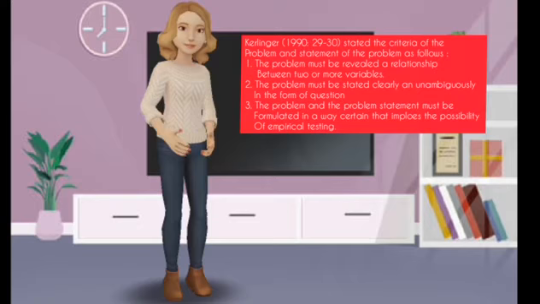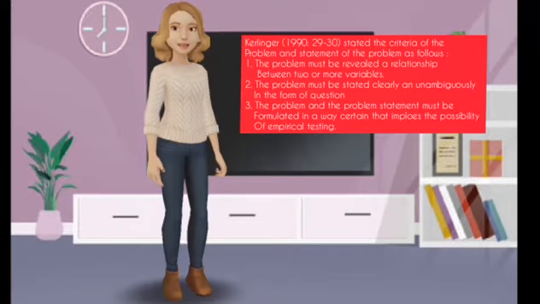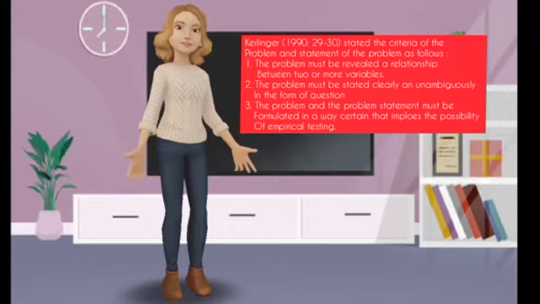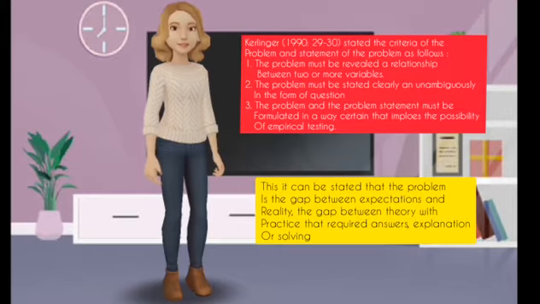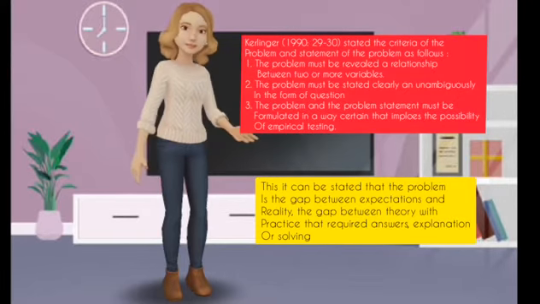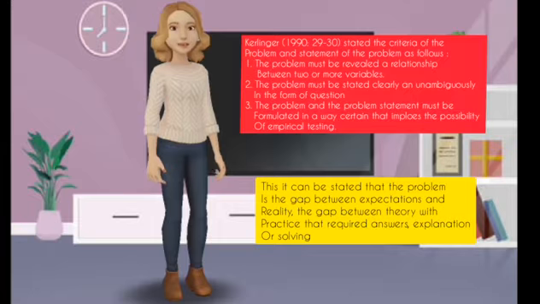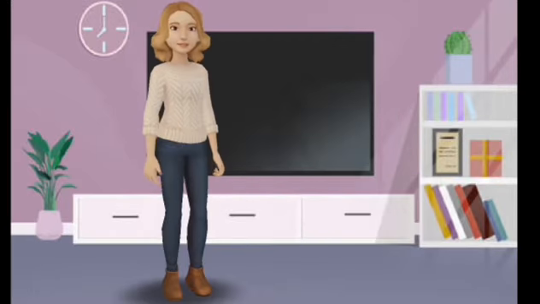The problem and the problem statement must be formulated in a way that implies the possibility of empirical testing. So, bisa kita simpulkan bahwa, thus it can be stated that the problem is the gap between expectation and reality, the gap between theory and practice that requires an answer, explanation, or solution.